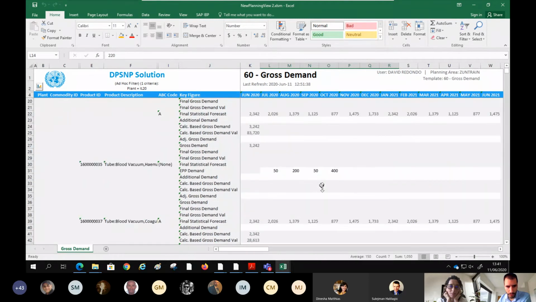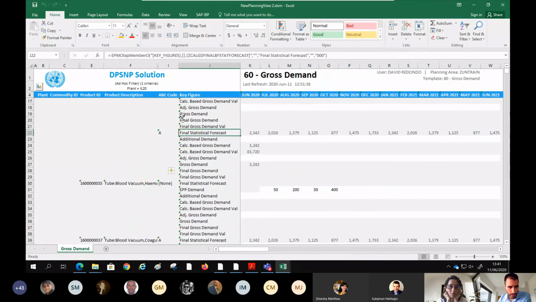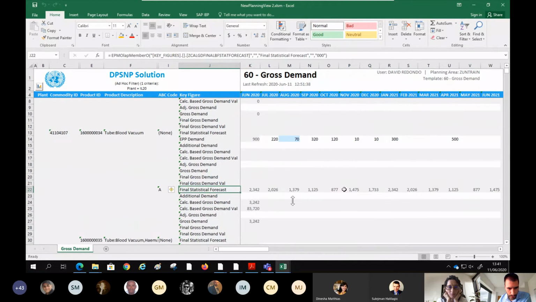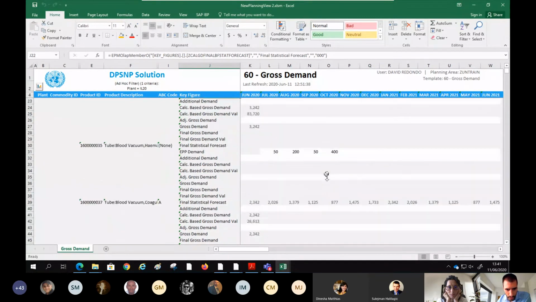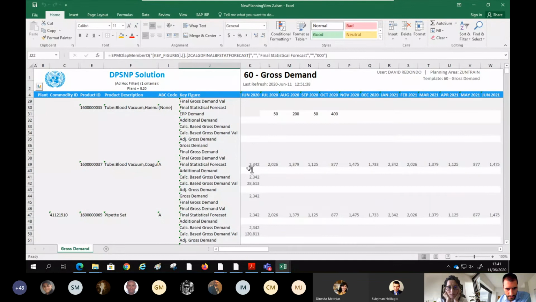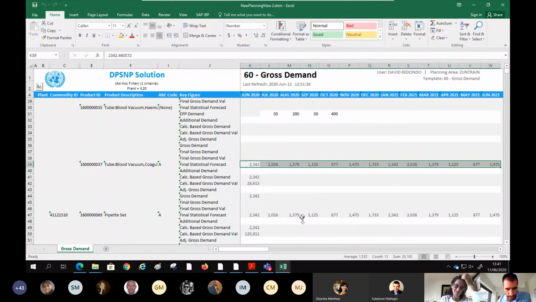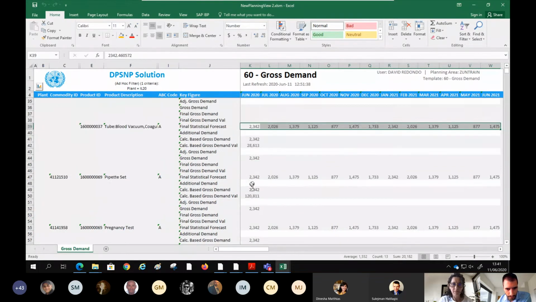For this other product, we also have the statistical forecast. That is why it's not merged, because there is the ABC code that maybe we need to remove. So we have a final statistical forecast that is coming from the template that we were discussing. Then we have, in this case, the calculated gross demand and the value.